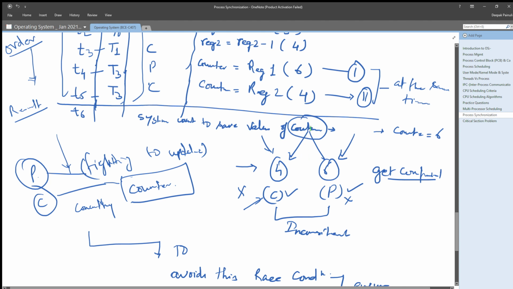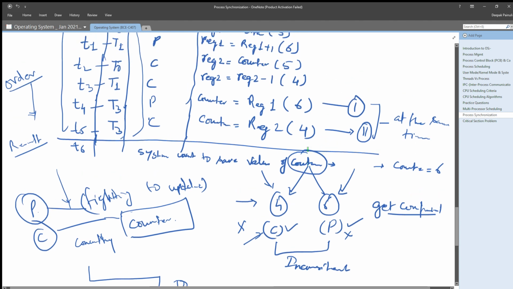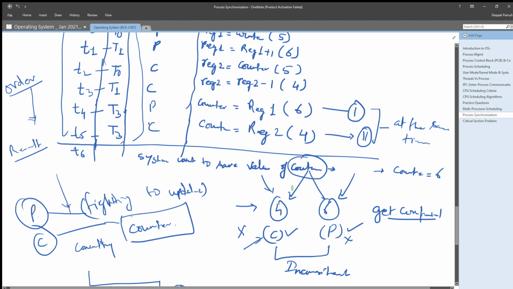Like in the previous example, we saw two values at transaction number 6. We found that counter has two values, one is 4, one is 6. This is the problem, because there should be only one value for any variable in the system at any time.